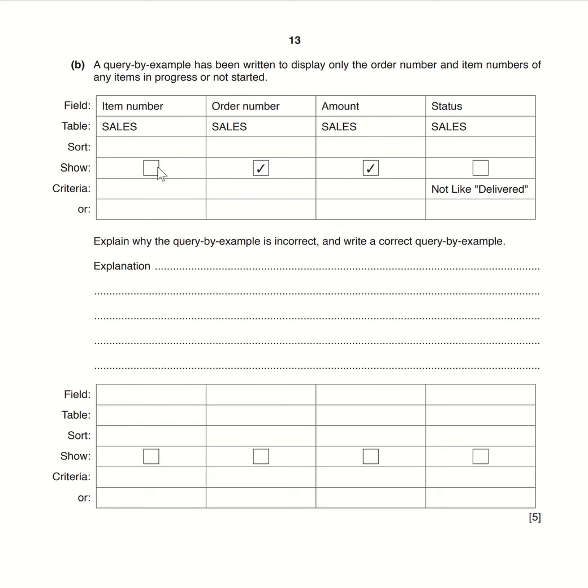Firstly, it should show this and this, so a tick here and a tick here. This is not necessary. Amount, sales should be removed. And this is wrong because the criteria is like in progress or like not started.